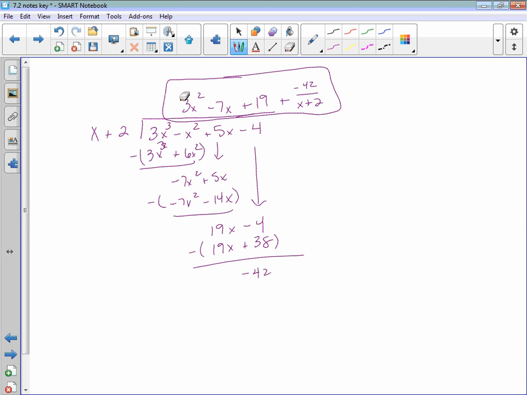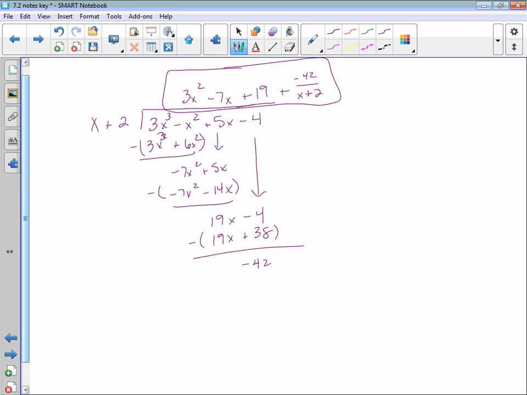That times both of those gives me those. Then you subtract. Then you get negative 14x.